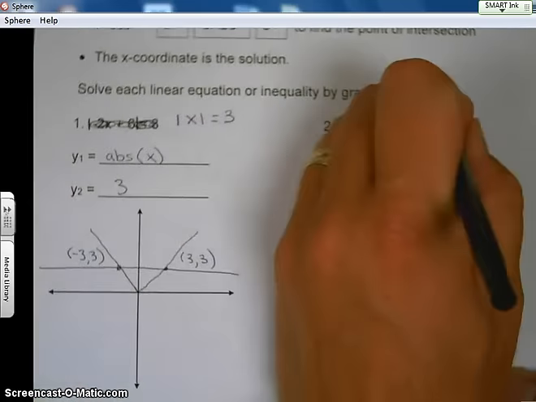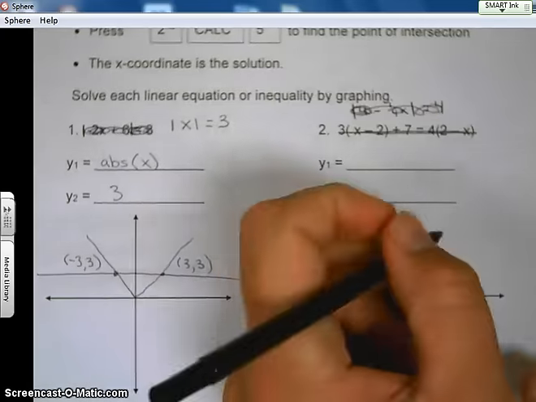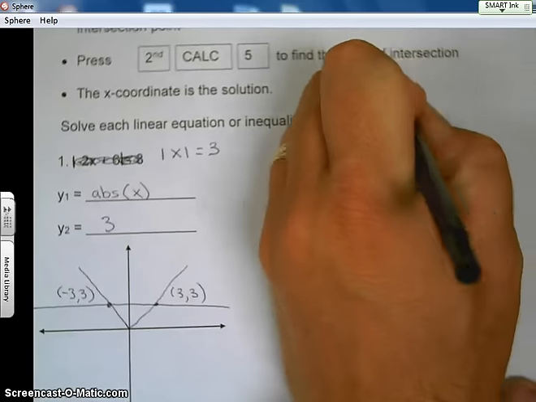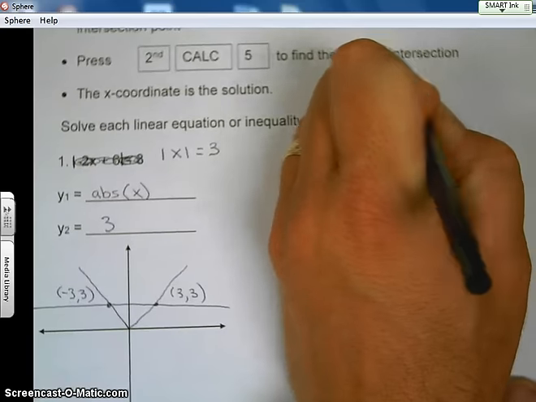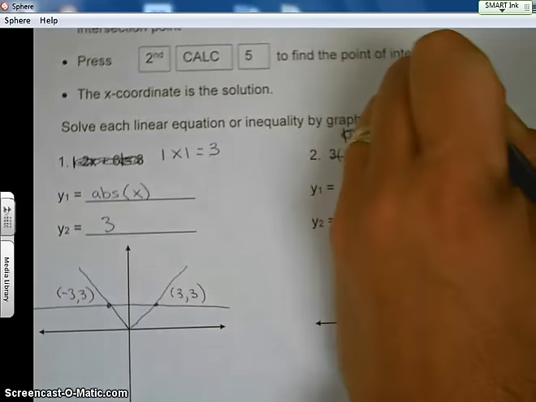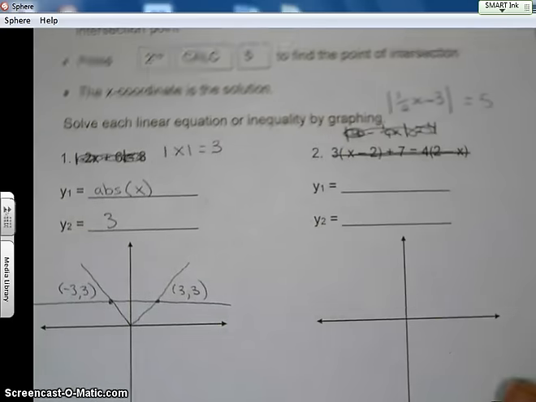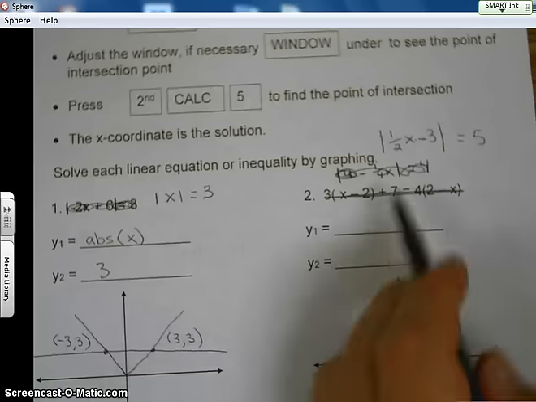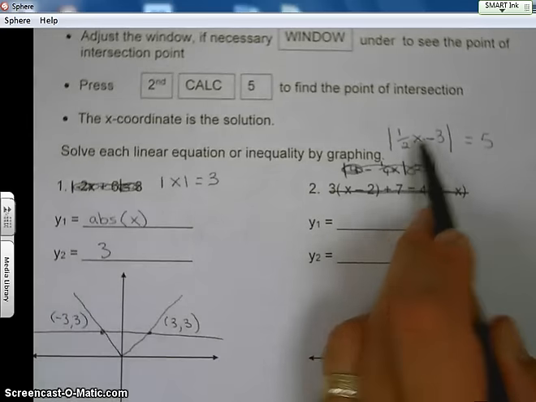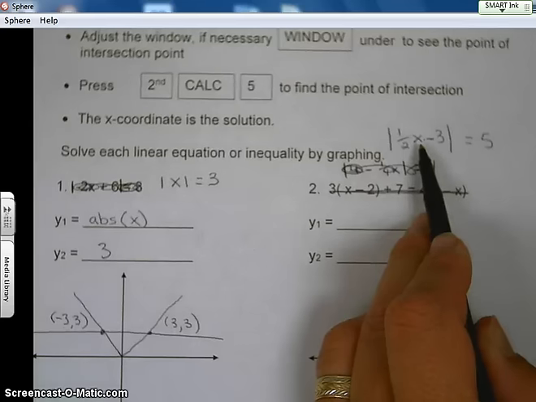I'm not going to use this one either. So we're going to use the absolute value of 1/2 x minus 3 equals 5. Okay, so you should know how to solve this algebraically based on the last video we did, but we're going to do this one using our graphing calculator.